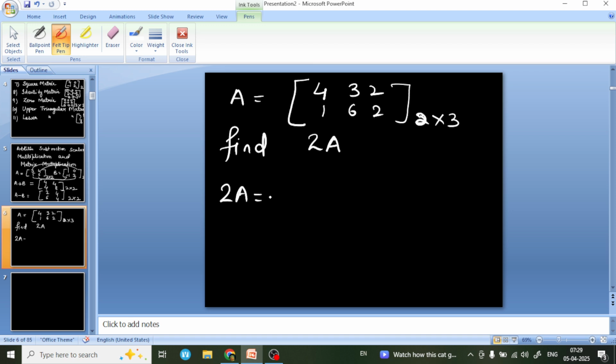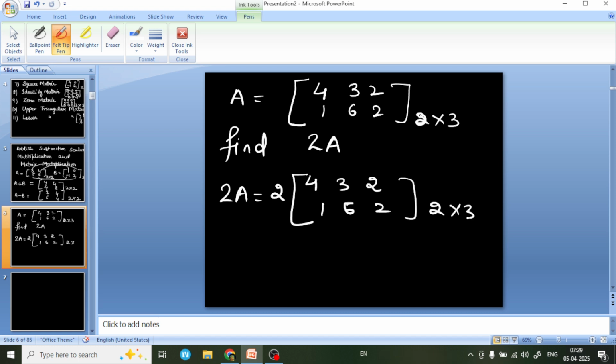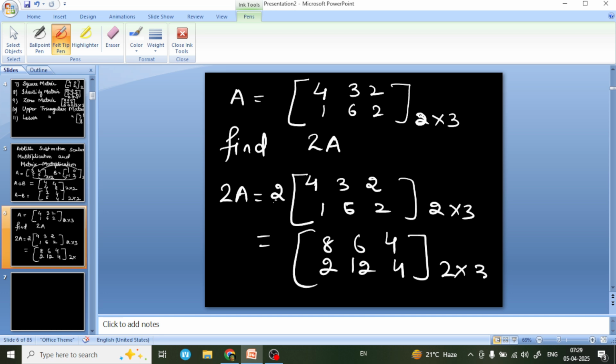For 2A, you have to multiply the whole matrix by 2, like this. 2 multiply 4, 8; 2 multiply 3, 6; 2 2s are 4; 2 1s are 2; 2 6s are 12; 2 2s are 4. You can see the output will be this.